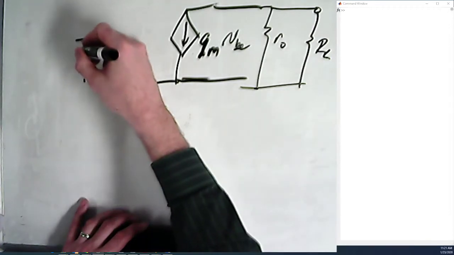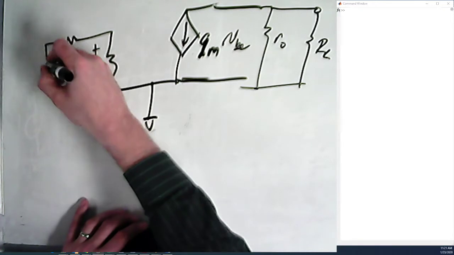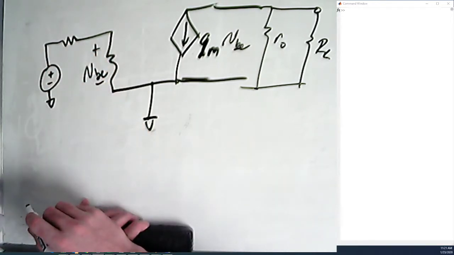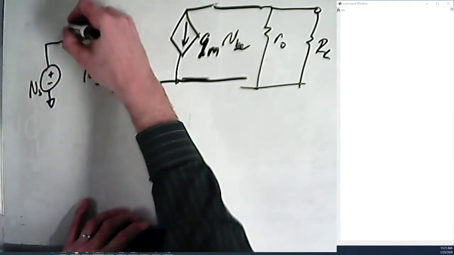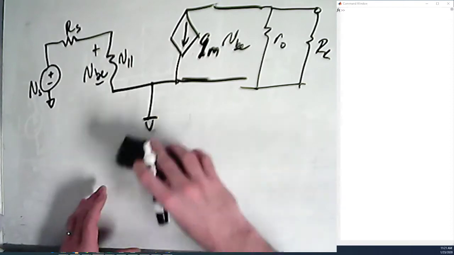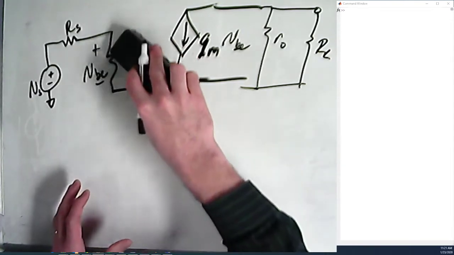This is connected to another small signal source. This is VS, this is RS, and this is called R pi, that's a lowercase r.